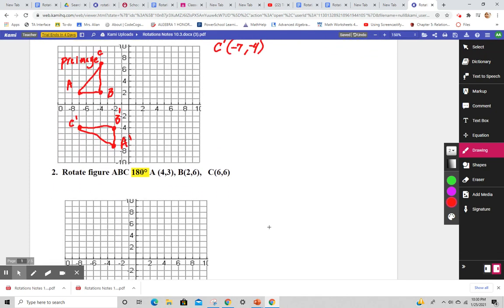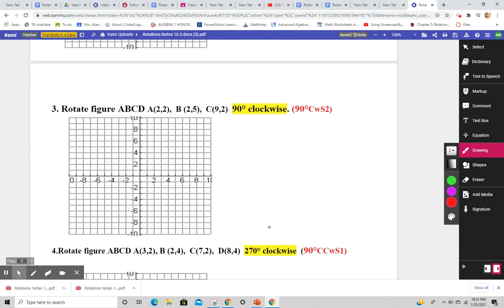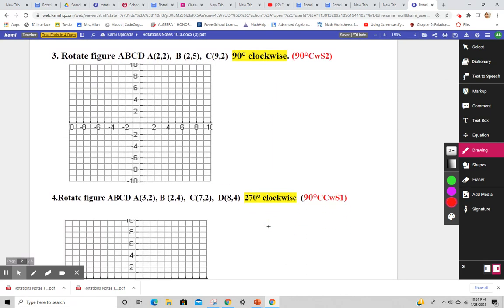All right, I'm going to come back to 2. I'm going to go to 3 and then come back to 2. So number 2, rotate the figure ABCD. Okay, there is no D, so we need to take that out. ABC. So why don't we plot the pre-image first, ABC.